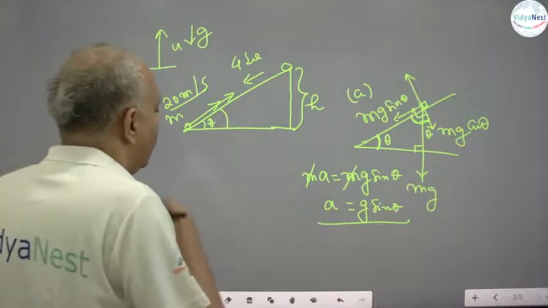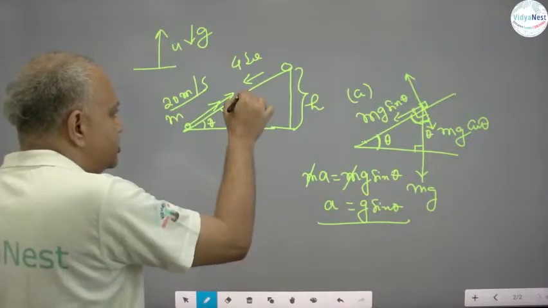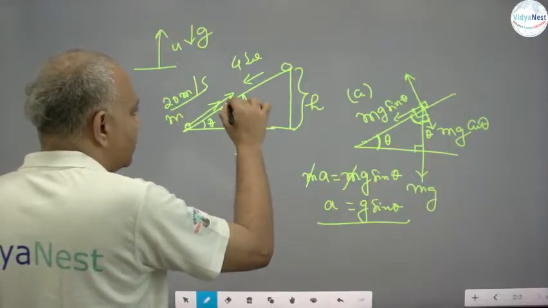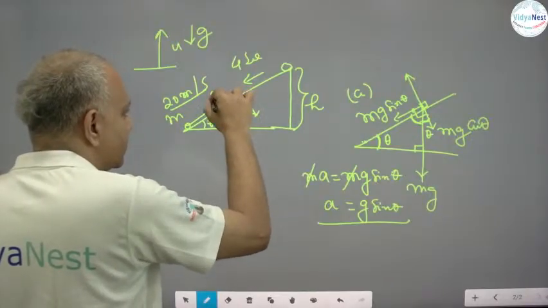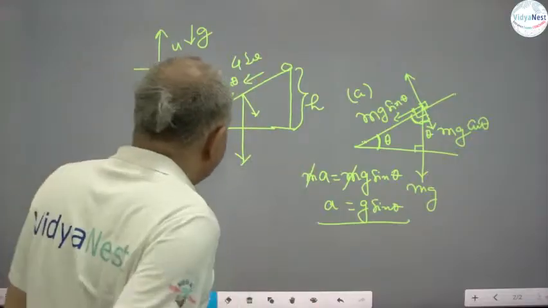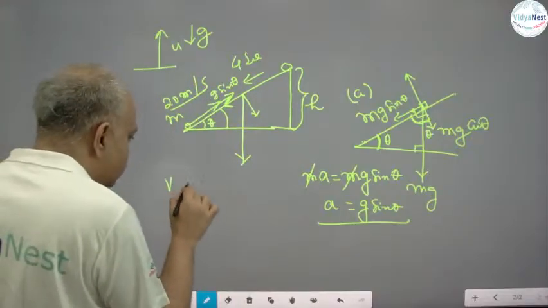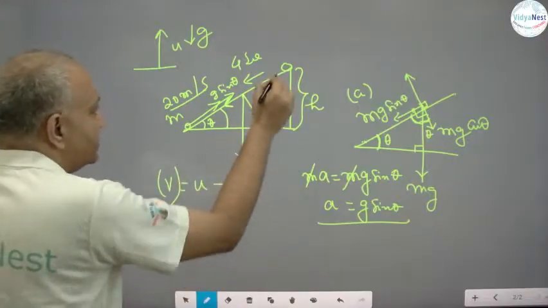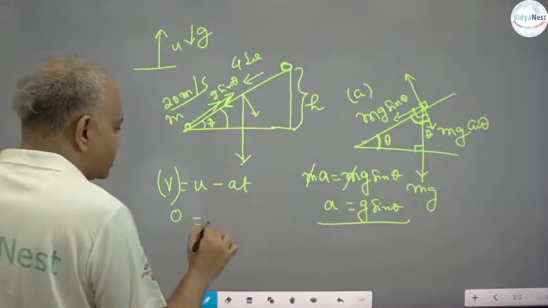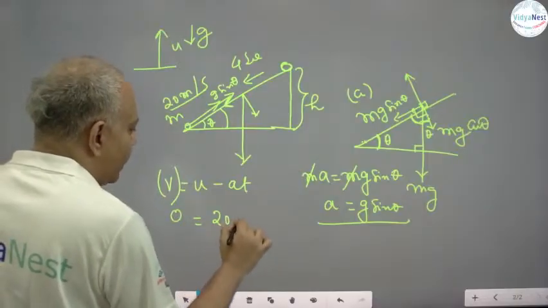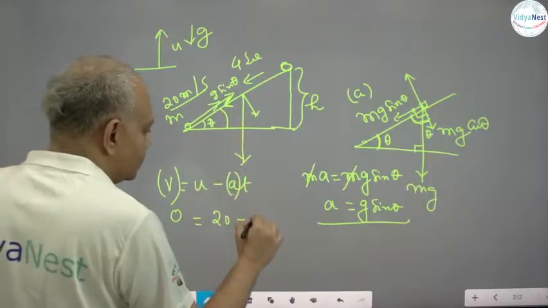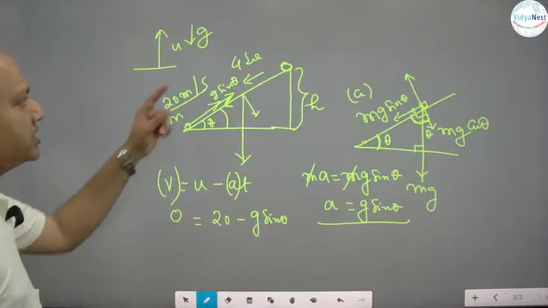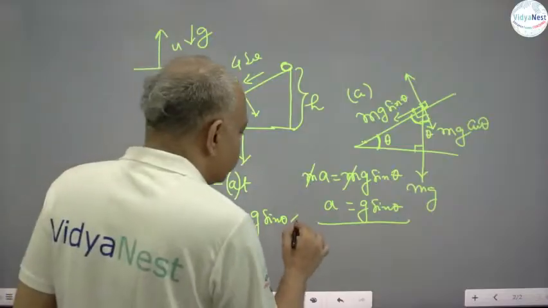You can see that the component of g along the incline is g sin theta, and the other component is g cos theta. Now the final velocity v is equal to u minus at. What is the final velocity when it reaches the maximum height? That is 0. u is 20, a is g sin theta, and the time to reach the maximum height, when it stops instantly, is 4 seconds.